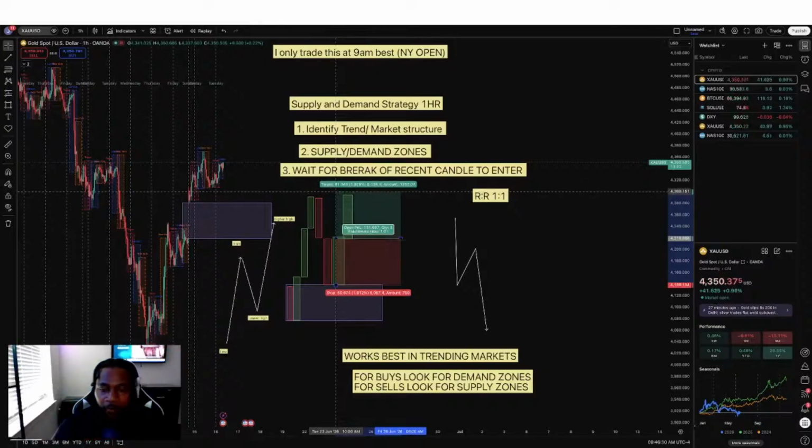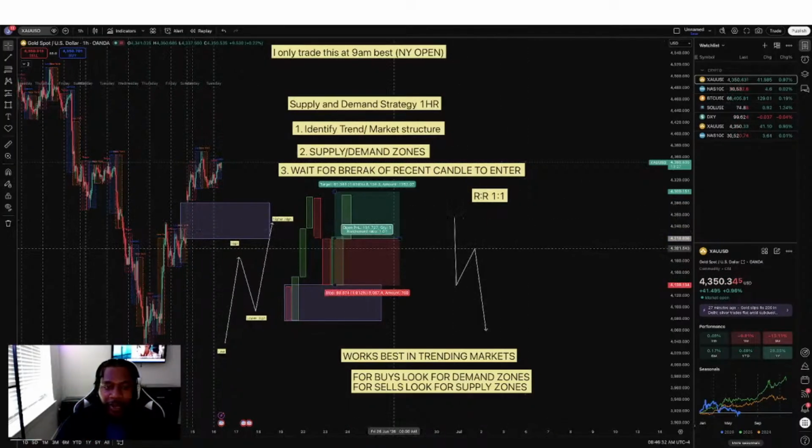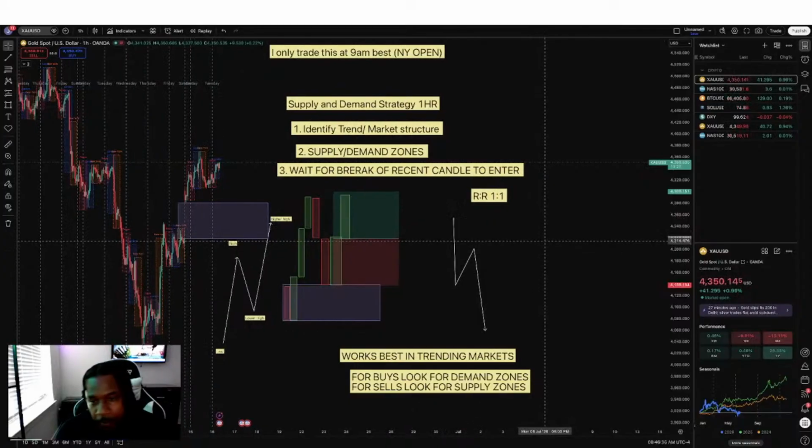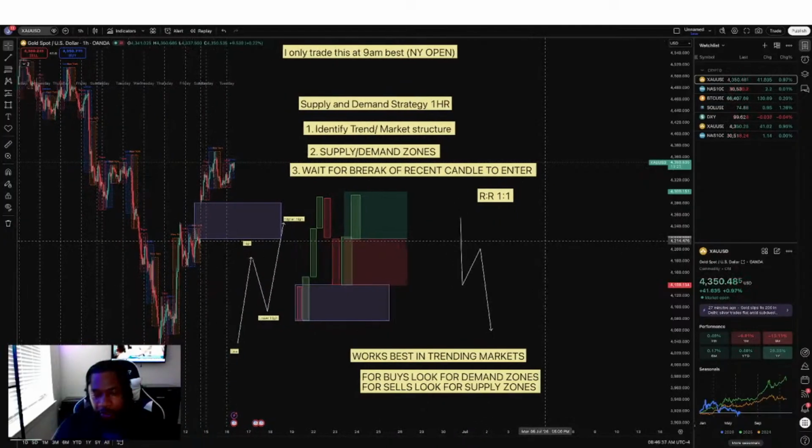And more often than not, sometimes your stop loss on one trade may be bigger than the last trade, and so on and so forth.